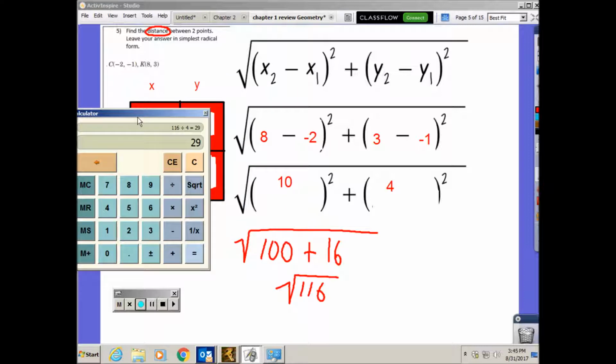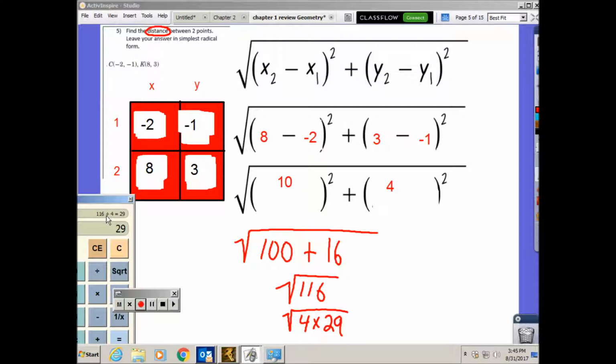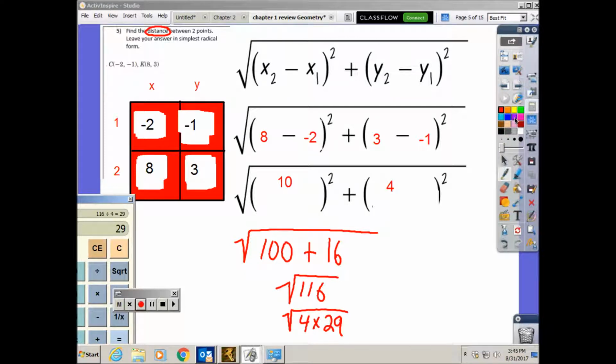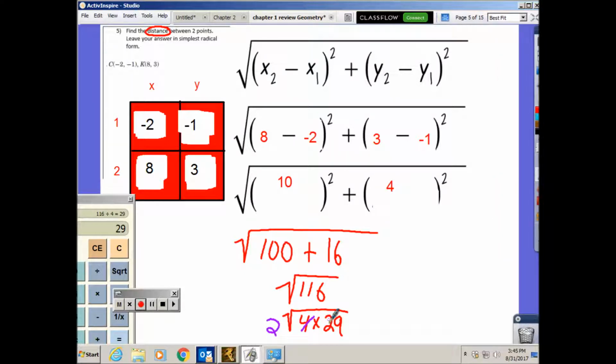In this case it is. The factors of 116 are 4 and 29. Now I have a perfect square. Since 4 is a perfect square, the square root of 4 is 2. 29 is a prime number, so there's nothing else I can do with it. So it's 2 square root of 29.